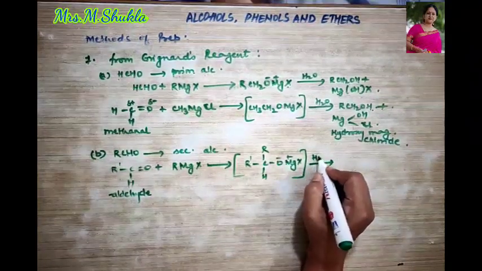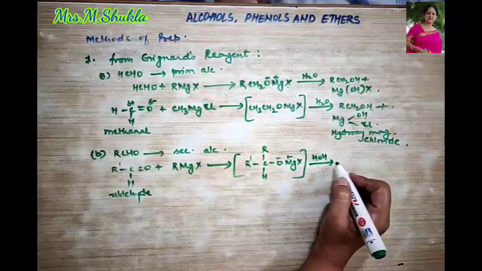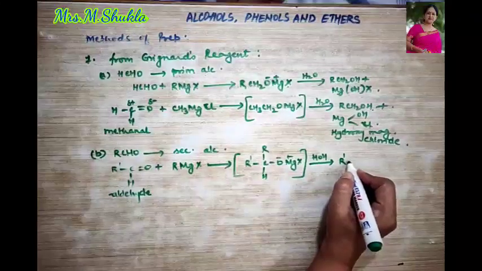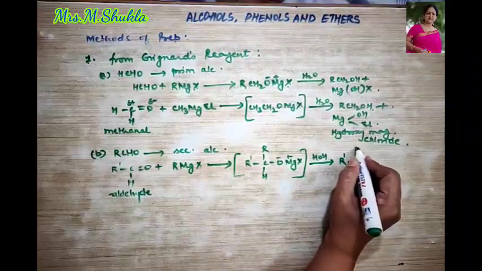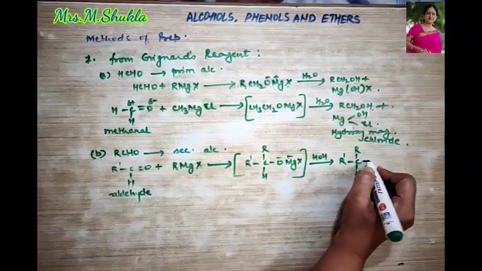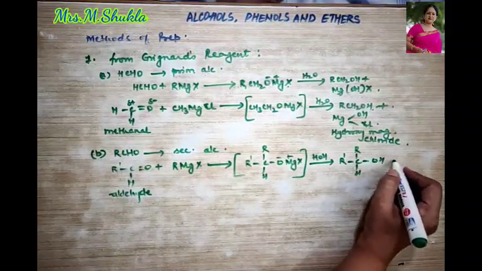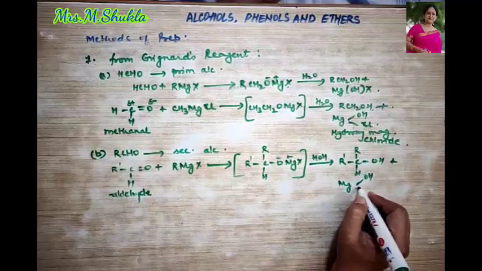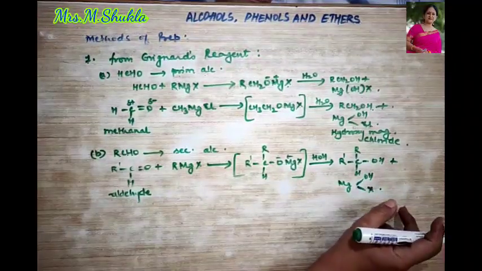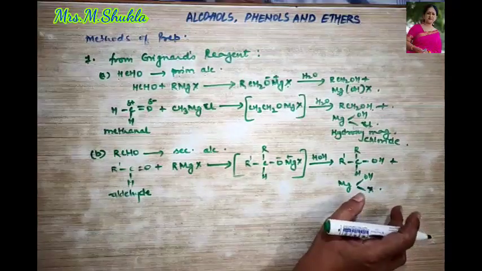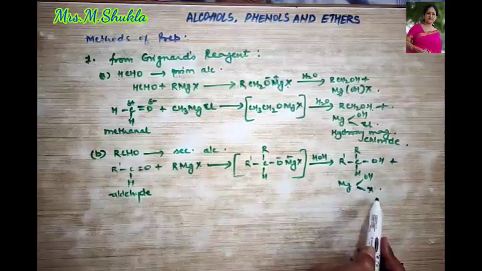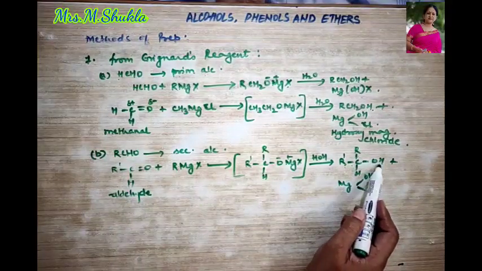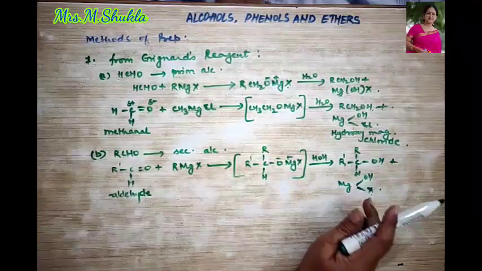Getting decomposed by water, it forms the secondary alcohol, that is R'CHROH plus MgOHX. Got it? This is your hydroxy magnesium halide, and this is your secondary alcohol formed over here.